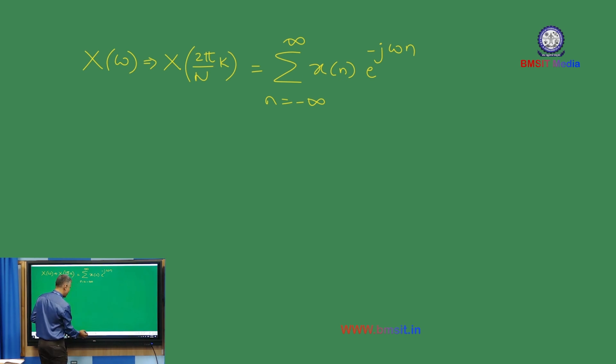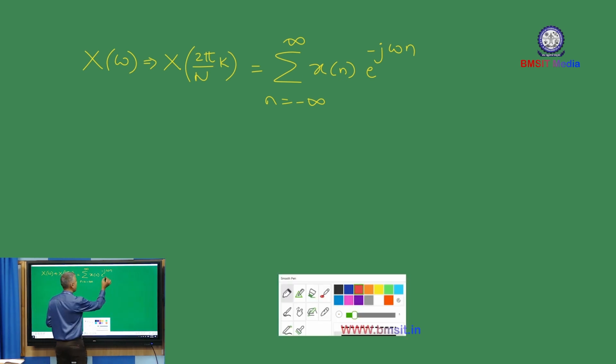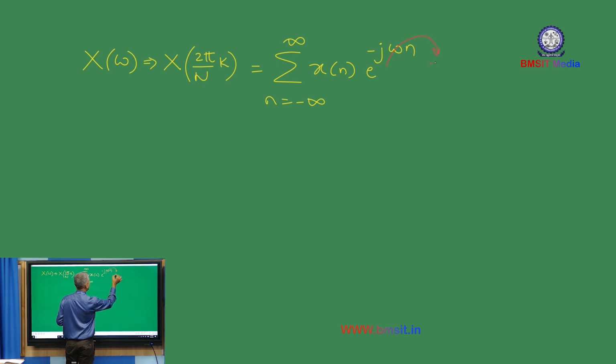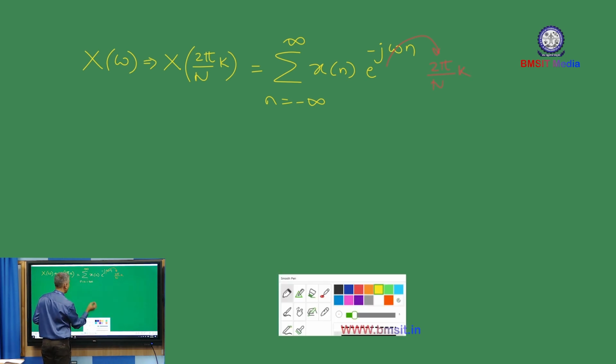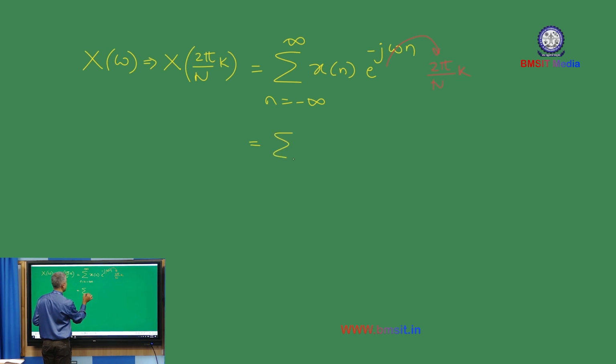Now in place of omega, I will be writing 2 pi by N k. So the modified version will be summation x of n e raised to minus j 2 pi by N kn, and of course n is ranging from minus infinity to plus infinity. Observe here that there are infinite number of such samples.